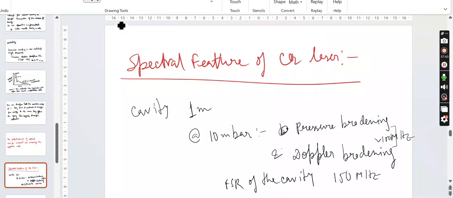So only one longitudinal mode survives, a single longitudinal mode.